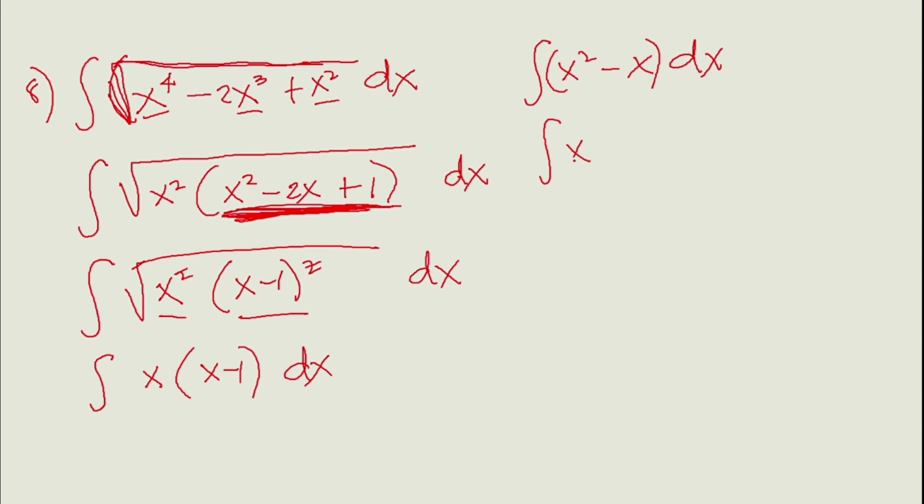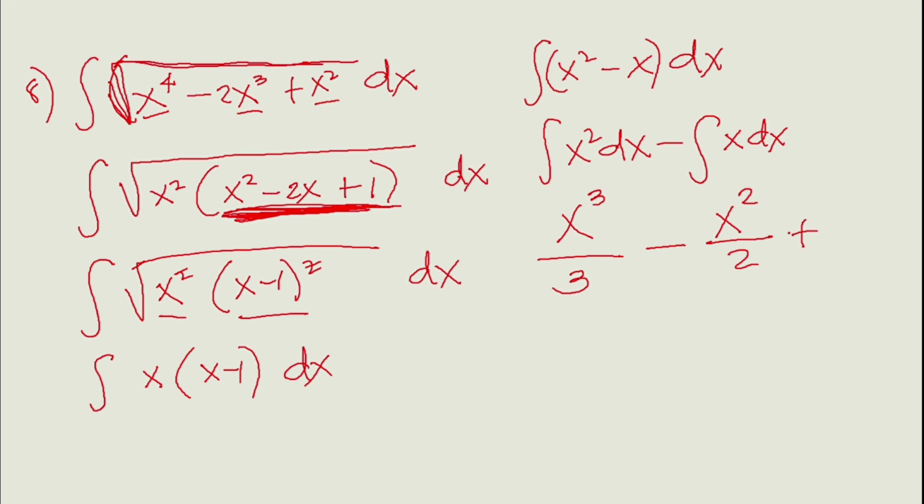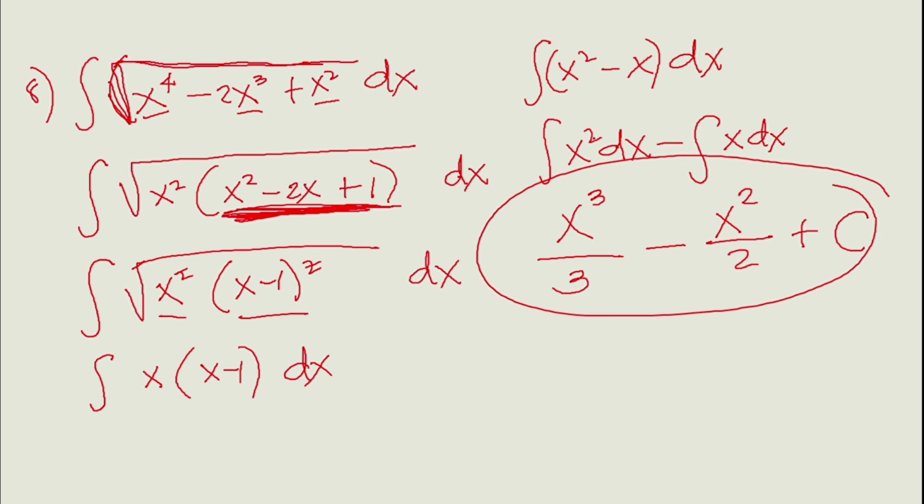So the integral of x squared dx minus the integral of x dx. By the basic formula, this becomes x cubed over 3 minus x squared over 2, plus c. Understood that we add 1 to each exponent, and the result is plus c.